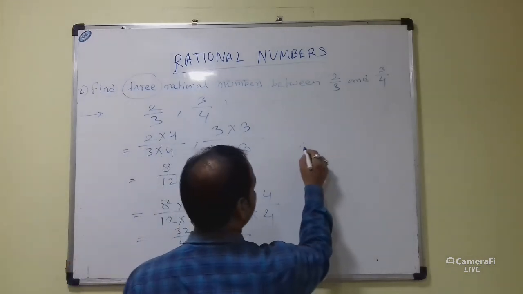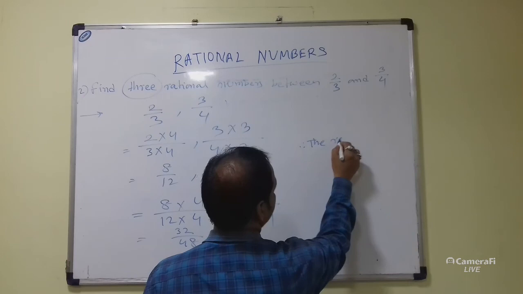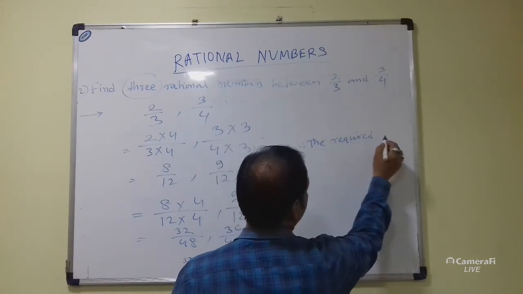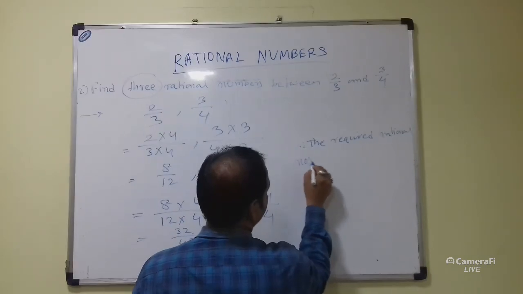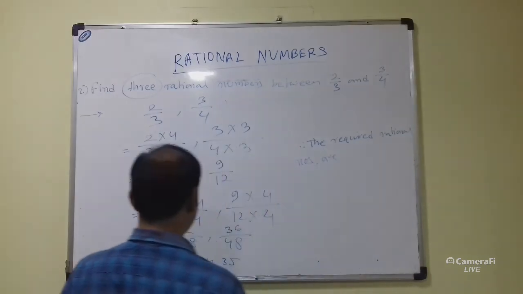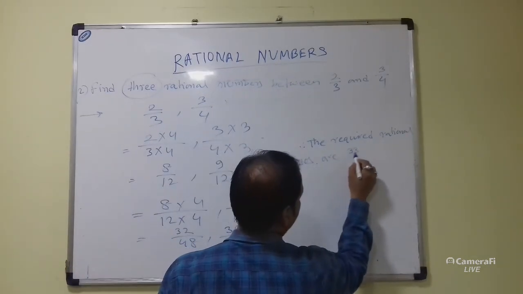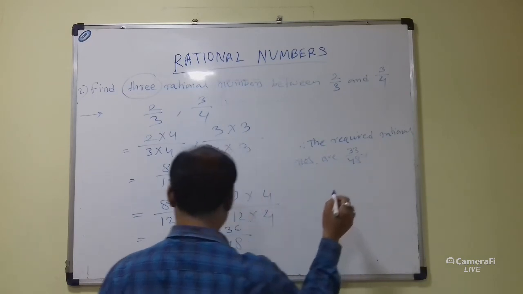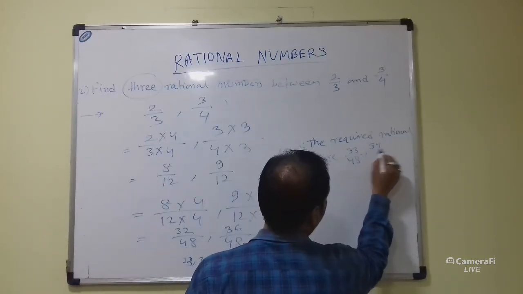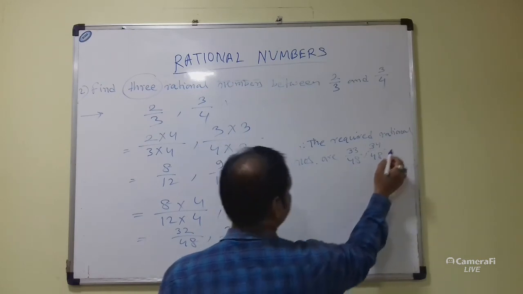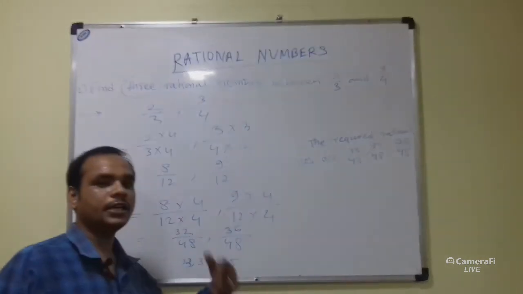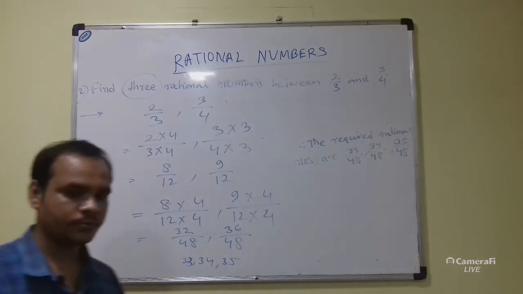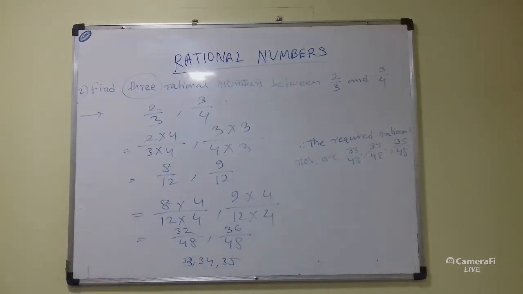So therefore the required rational numbers are 33 by 48, 34 by 48 and 35 by 48. These are the required rational numbers. So I hope you understood, students.